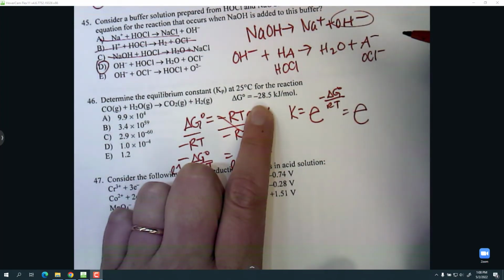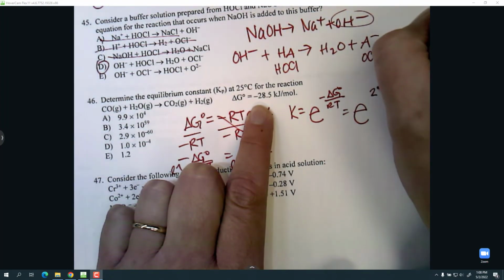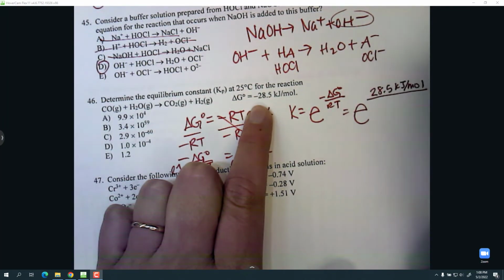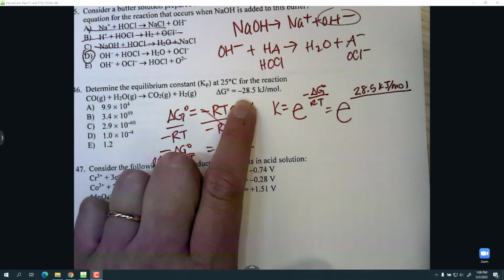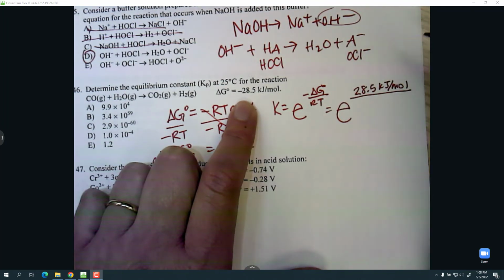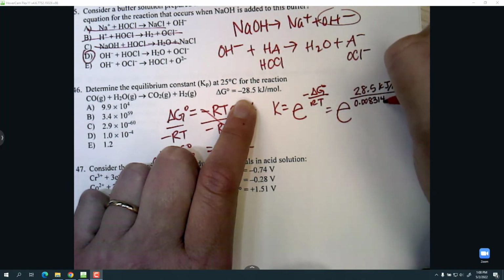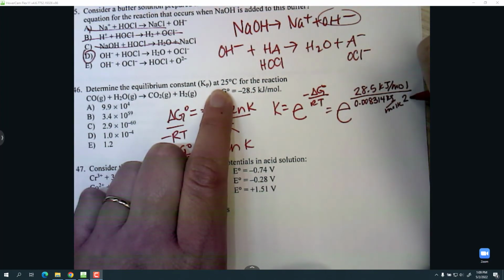Negative of a negative would be a positive. R is the gas constant, 8.314, but remember that's in joules per mole Kelvin. I want it in kilojoules, so I'll convert. Temperature is 25 Celsius, 298 Kelvin.